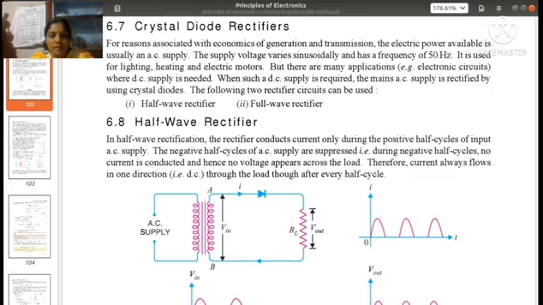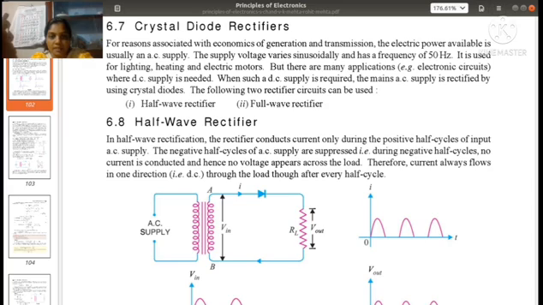This can be done by the rectification process, and for this we use crystal diodes. Okay, so rectifier circuits can be of two types: half wave rectifier and full wave rectifier.